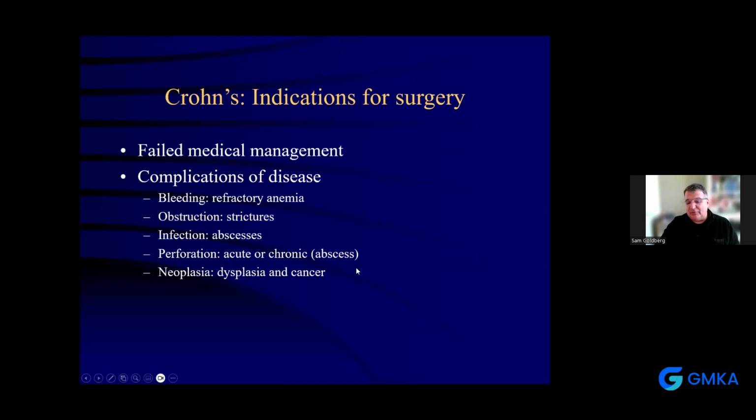If somebody has a perforation, acute or chronic, and obviously anybody that has dysplasia and cancer. So, these are all generally the reasons we operate for any pathology process in the colon or small intestine, but that's how they apply to Crohn's disease.